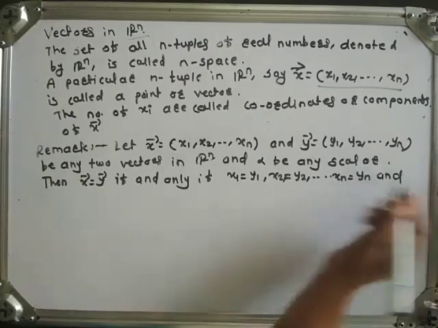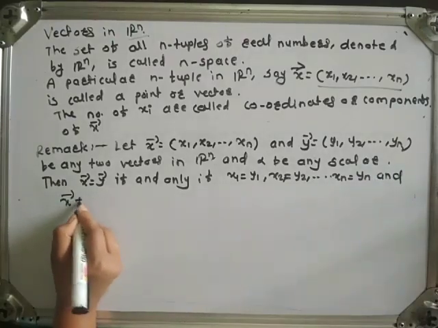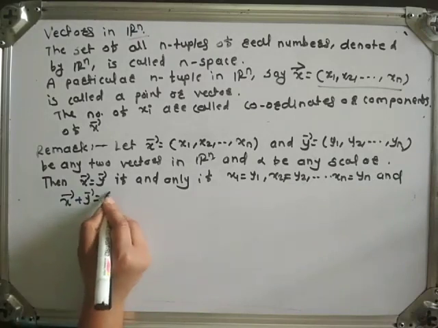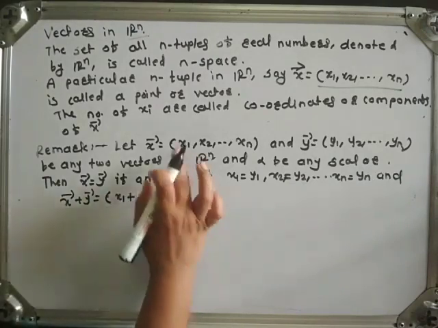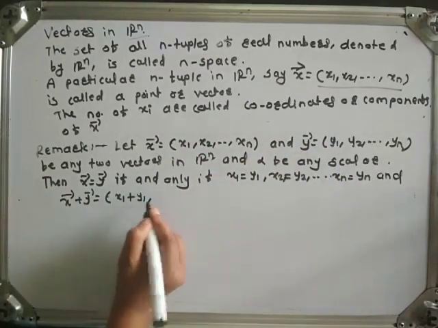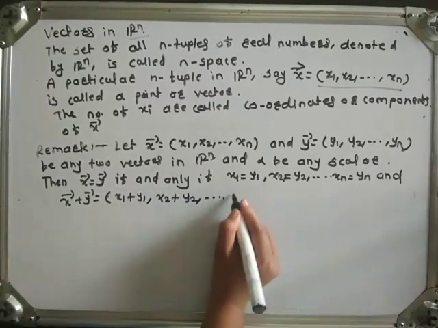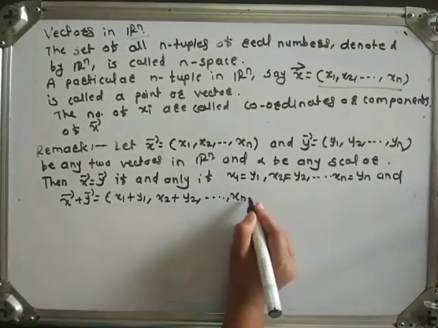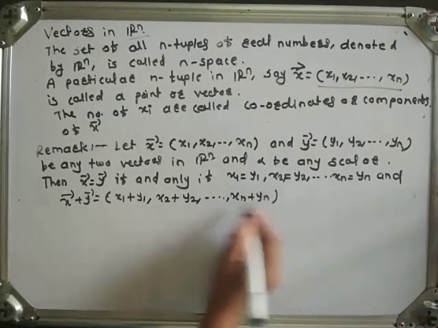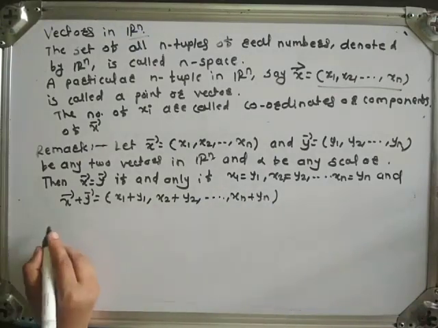And what is x bar plus y bar? It is nothing but x1 plus y1, comma, x2 plus y2, comma, and so on up to xn plus yn.